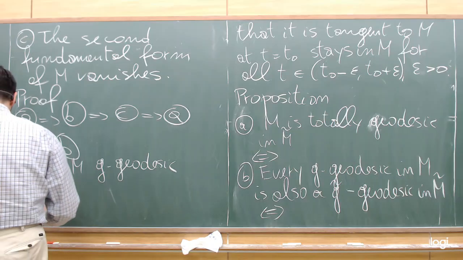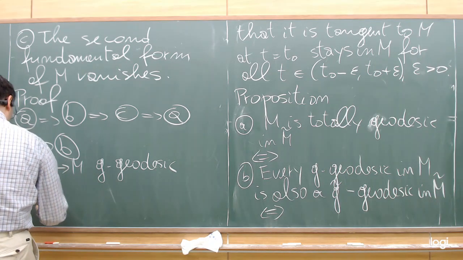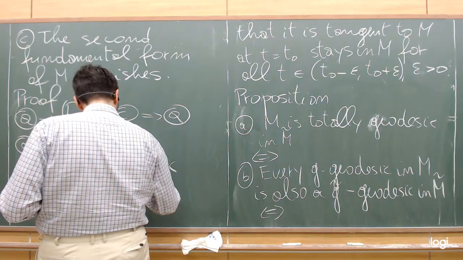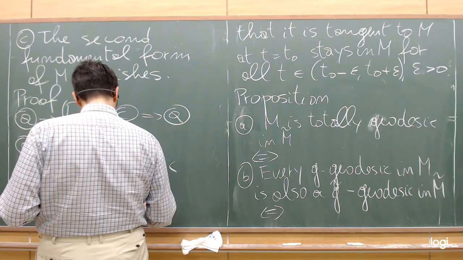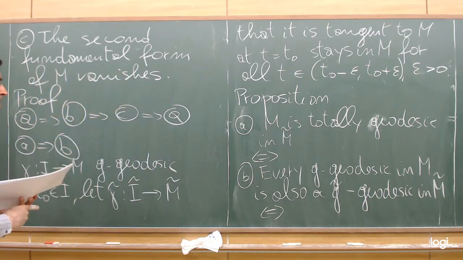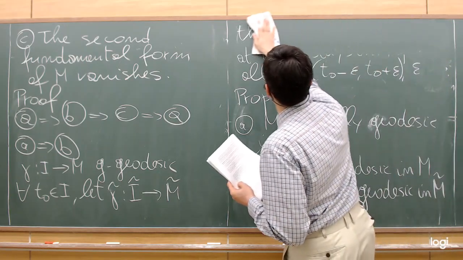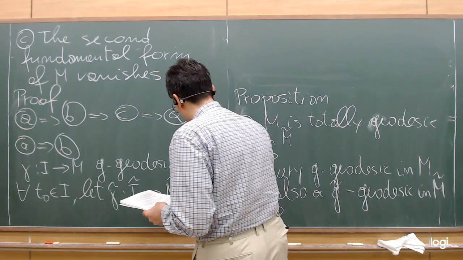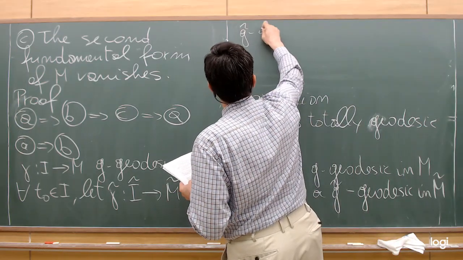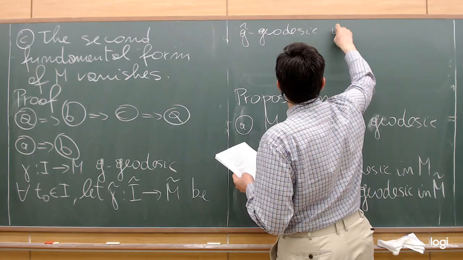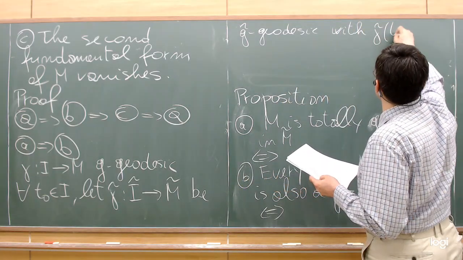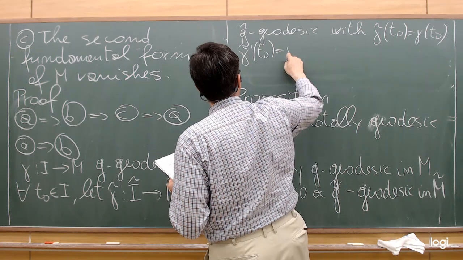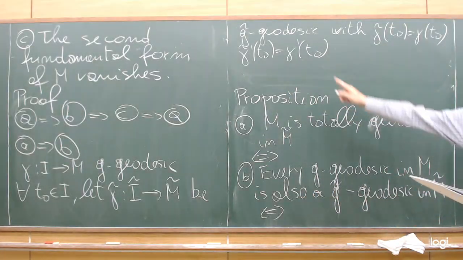For each t0 in I, let gamma tilde be the G tilde geodesic with gamma tilde t0 equal gamma t0, gamma tilde prime t0 equal gamma prime t0.